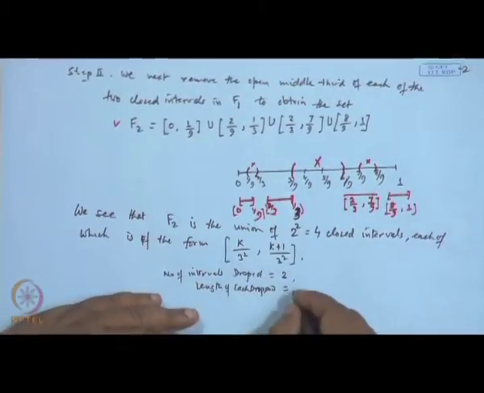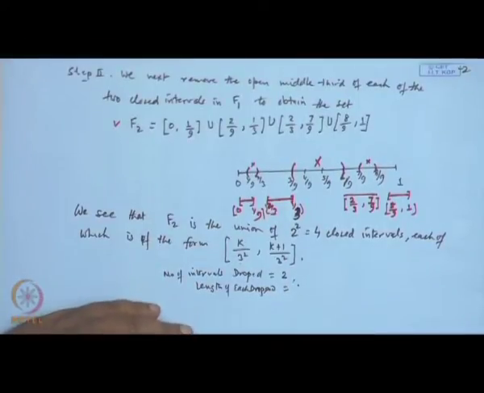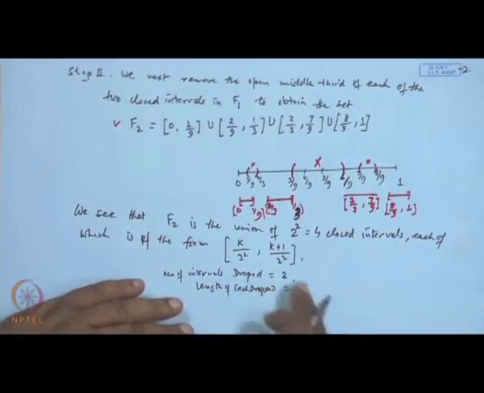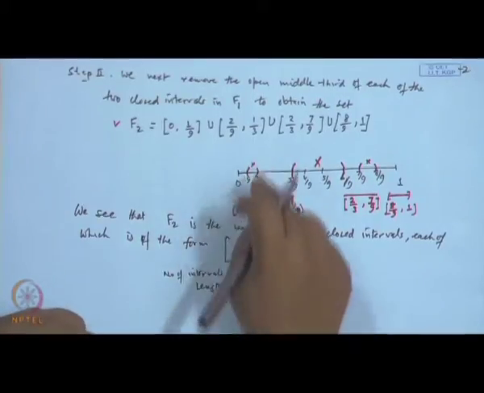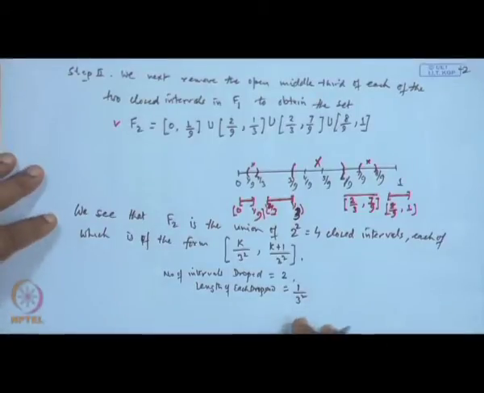So, each one will be of length 1 by 3 square. So, that is the first interval, 2 intervals, each of length 1 by 3 square, 9 length, we are dropping for this. Okay, like this.